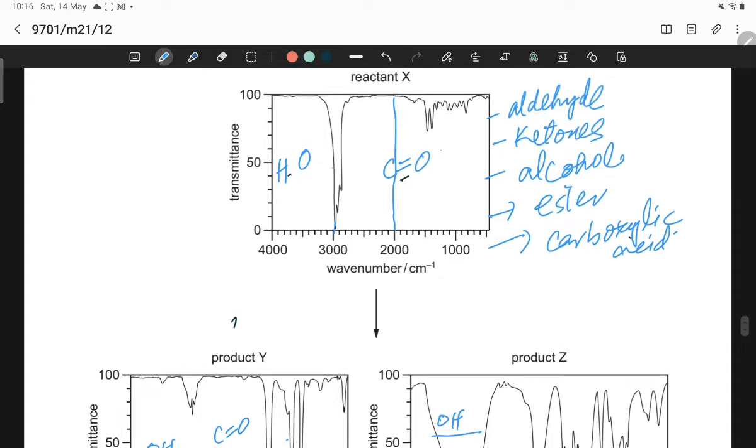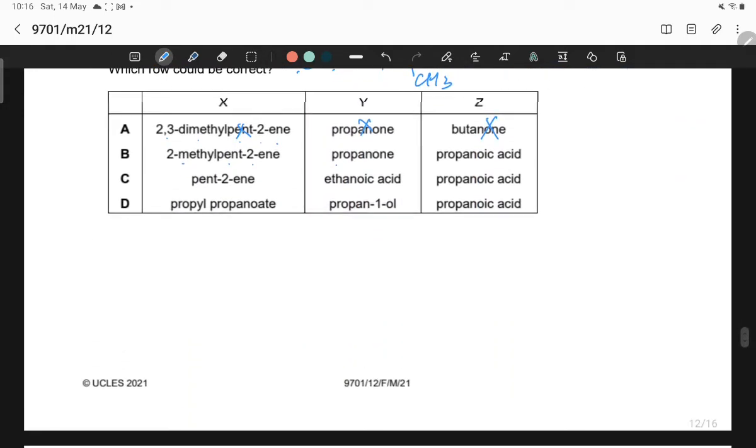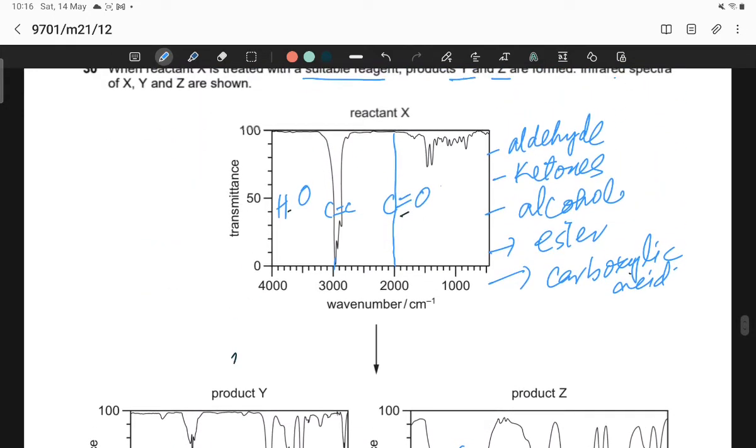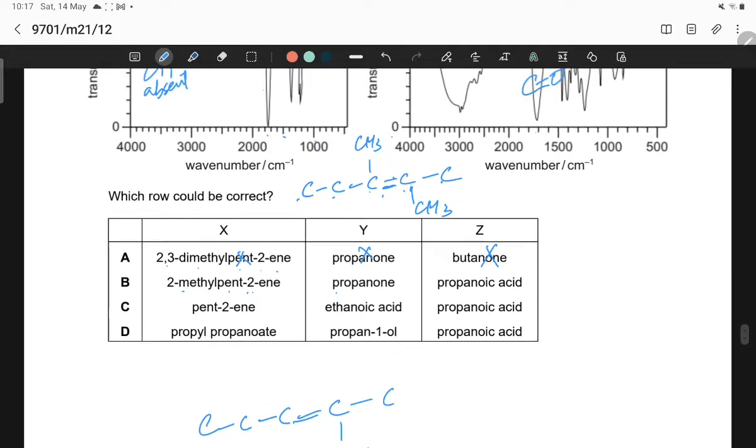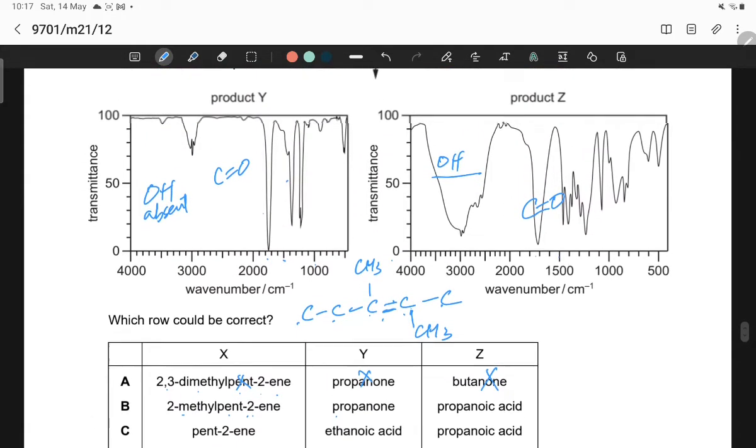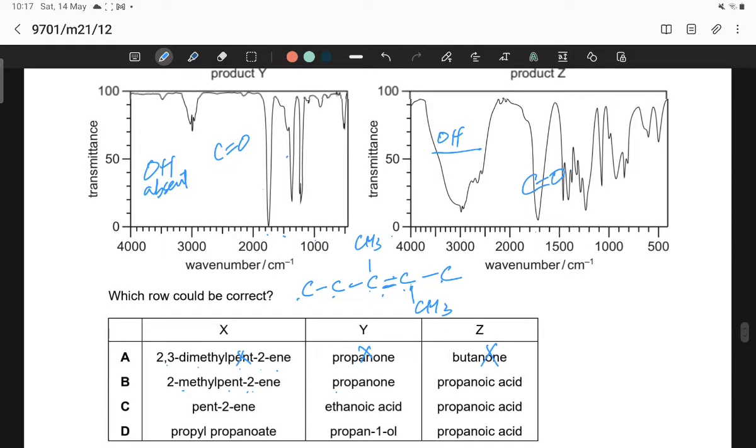Yes, this is the C=C peak, according to the data around 3000. The alkene peak is present. So 2-methyl pentene, with CH3 and 2-ene. So Y is propanone.